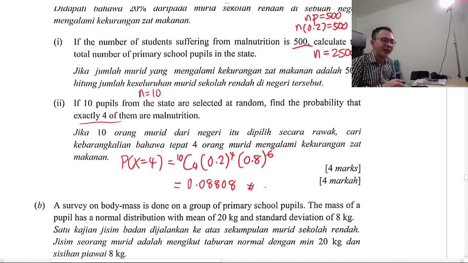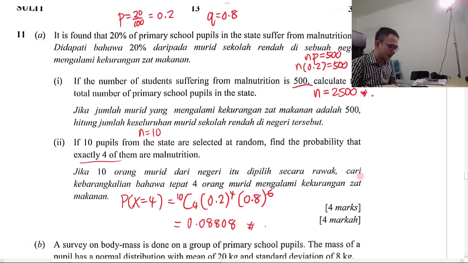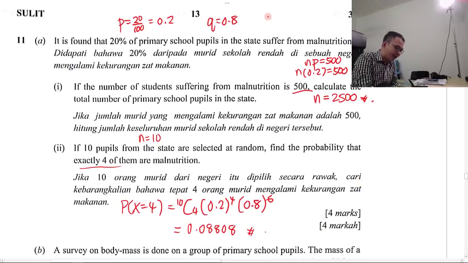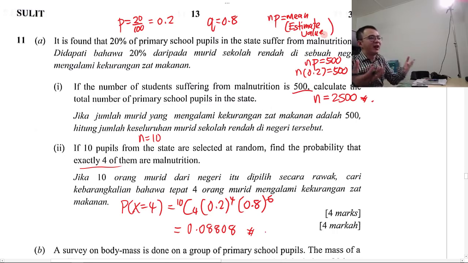Yeah, NP is the mean formula, yes. So NP is the mean. The mean is actually the estimated value. You can think like this: the mean is the average value, like on average 500 students who actually have malnutrition.